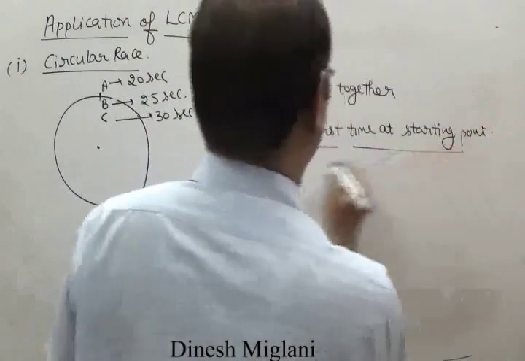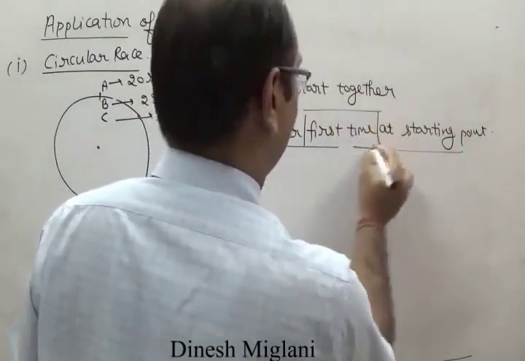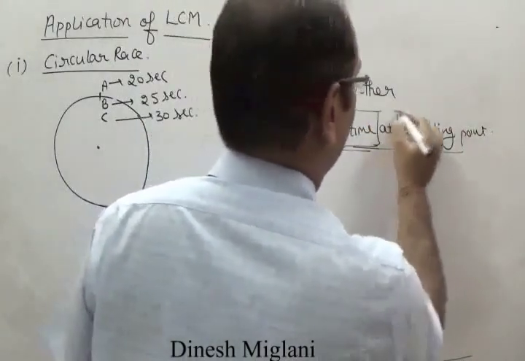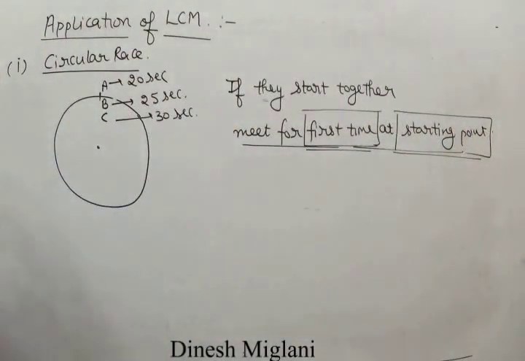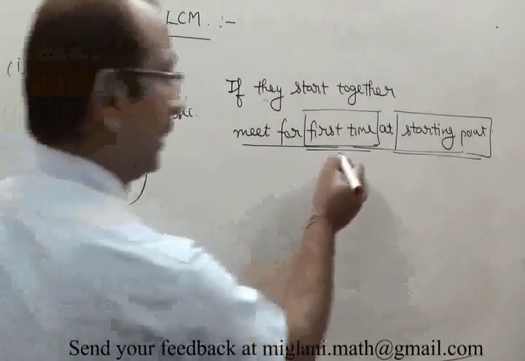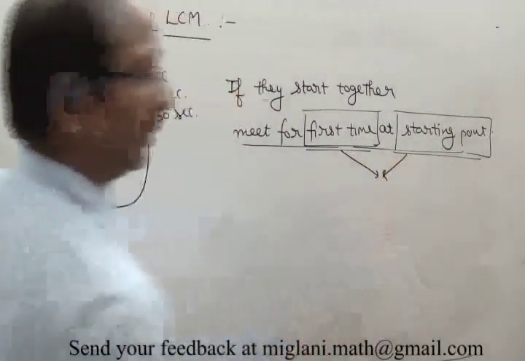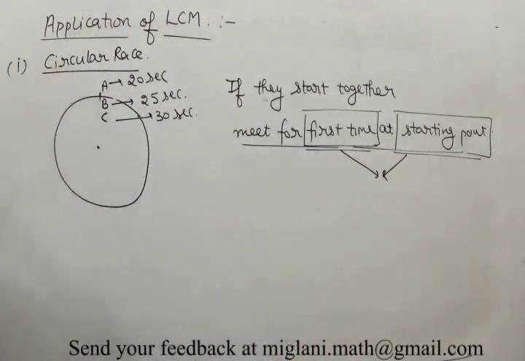When I look at this question, two conditions are given here, first time as well as starting point. In questions where these two conditions are given to you, we have to simply take the LCM of the time taken.